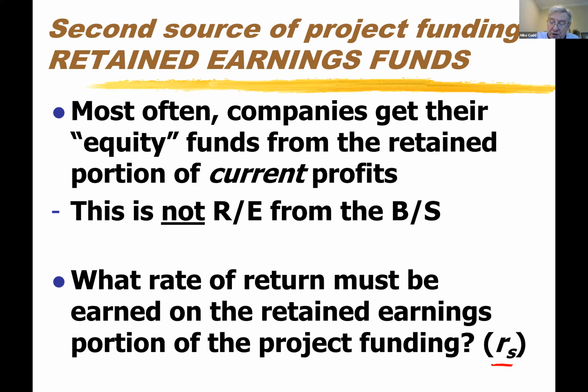Typically, retained earnings belong to who? The shareholders. It's part of common equity, just like their stock shares. So we need to earn a rate on retained earnings high enough to keep the shareholders happy.